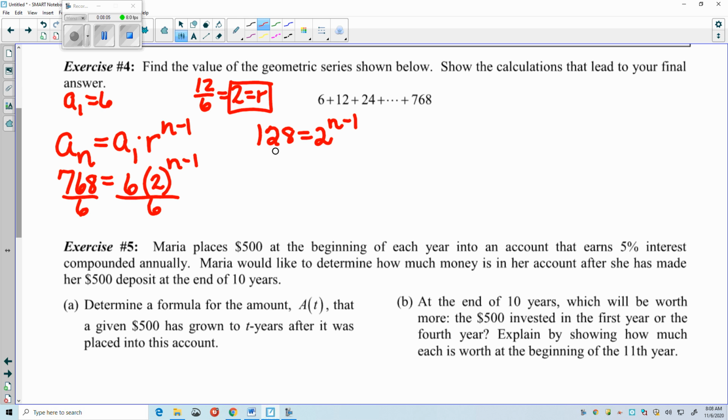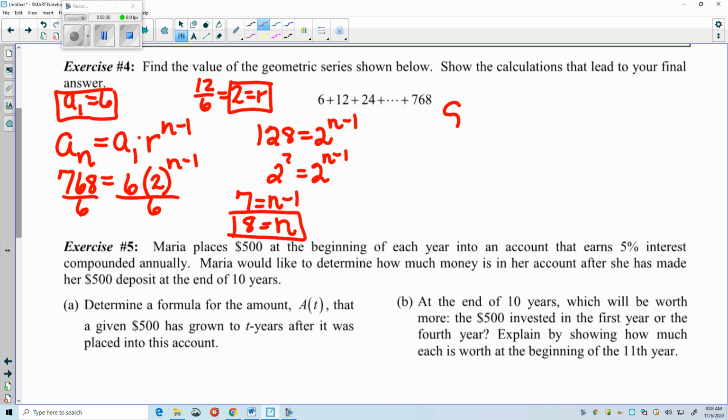If it didn't, we'd have to use logs. But they should have common bases. So I'm going to take a look and say this is really 2 to the 7th power. This one here is still 2 to the n minus 1. So now that my bases are equal, I can set my exponents equal and solve and find n is equal to 8. Okay, so now we have everything that we need in that formula up above.